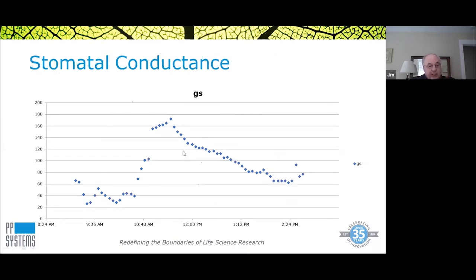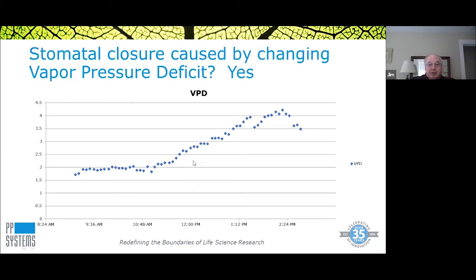We look at stomatal conductance, and yes, it starts out low, comes up when the sun comes out, but then also has a fairly strong decrease through the day. So that's probably partly involved in what's going on with photosynthesis. So what causes the stomatal closure?